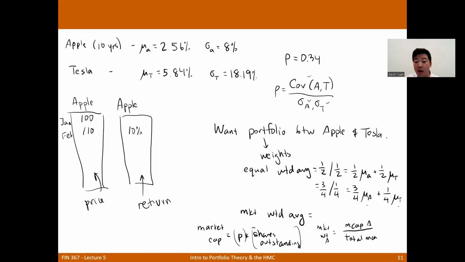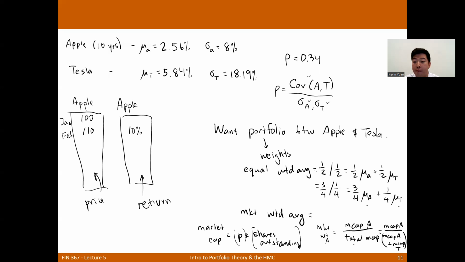And in this case, the total market cap is just the total market cap that's available to us, which is just Apple and Tesla. So what we would do is we would take the market cap of Apple divided by the market cap of Apple plus the market cap of Tesla. Okay, so that's going to be our denominator in total market cap. And obviously, if we have 3 assets, we would take the market cap of number 1, divided by the total market cap of 1, market cap of 2, market cap of 3, because that's the total market cap in our universe, right?